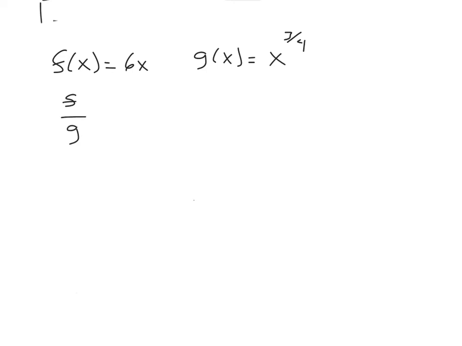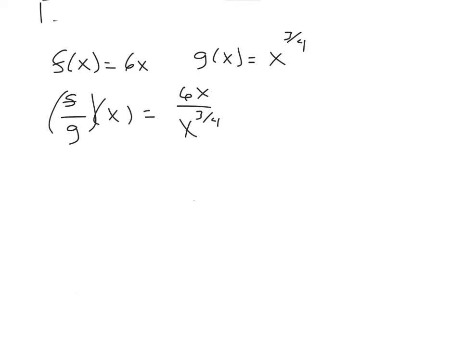Let's say I had an f of x that's equal to 6x, and then a g of x that's equal to x to the 3/4, okay? So say I wanted to do division now, okay? So if I did f divided by g of x, that would equal 6x over x to the 3/4.